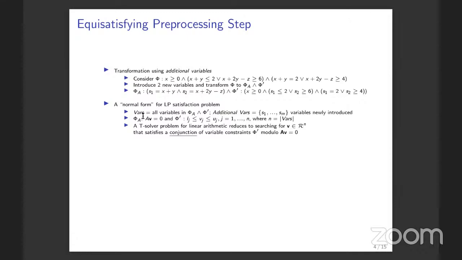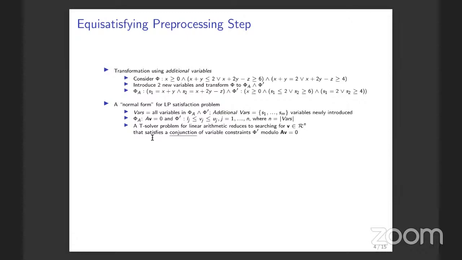So then you have the set of all the variables, good, that have the original program variables and additional variables, each of which denotes a term. And so you have phi A, which can now be converted into a vector of equality to 0. Okay, I mean you can make these linear expressions equal to 0, and then you have a bunch of constraints on the variables with, in general, some lower bound and upper bound.